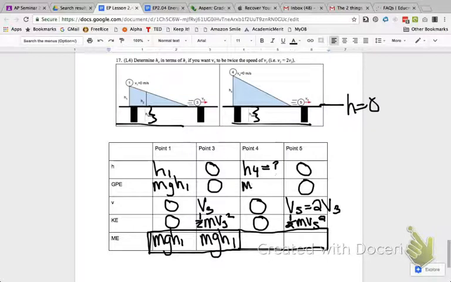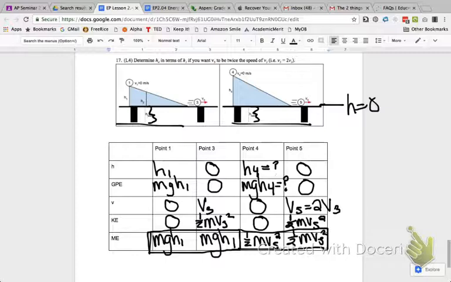We know that this is mgh4, but we don't actually know what h4 is. And then we know over here that this is 1/2 mv5 squared, and this is 1/2 mv5 squared. So now we're going to have to set up some systems of equations to solve.